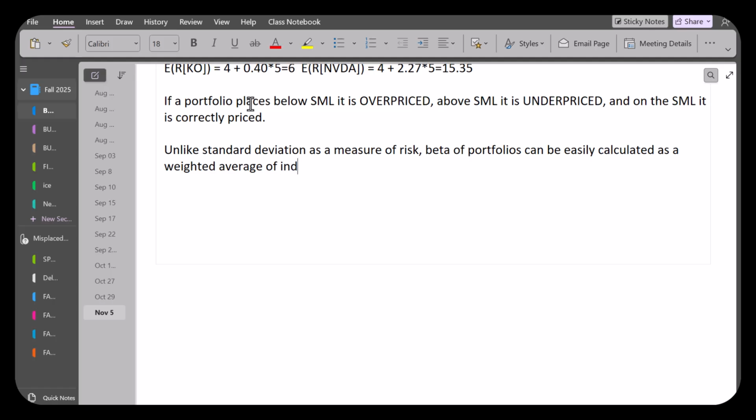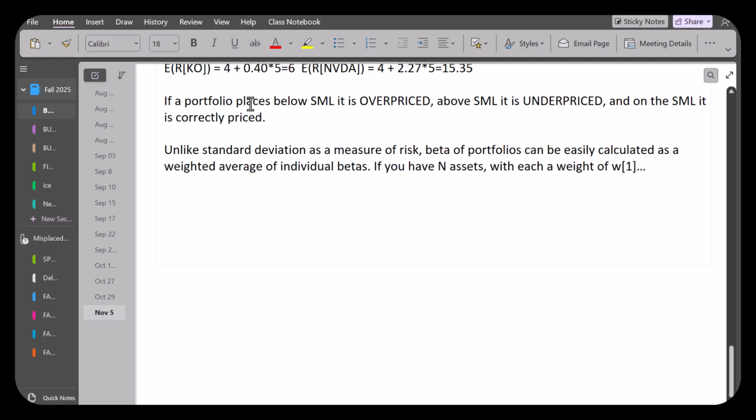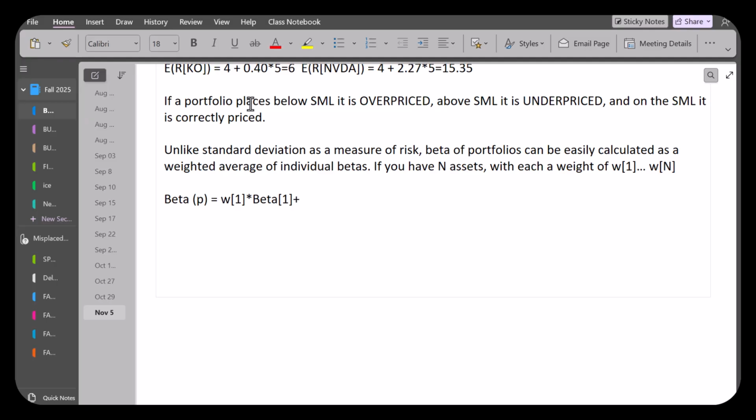So if you have n assets with each weight of W1 through Wn, beta of the portfolio is equal to weight of the first asset times beta of the first asset, dot dot dot, weight of the nth asset times beta of the nth asset.